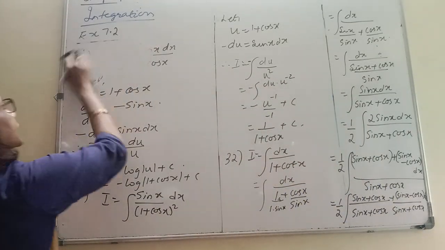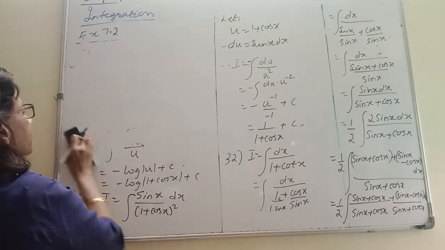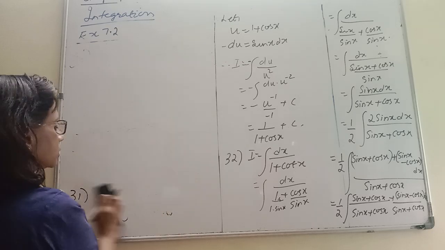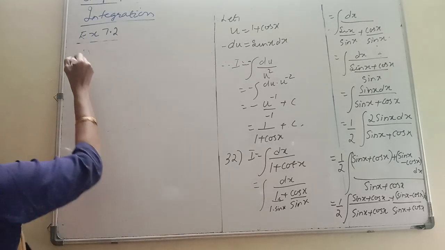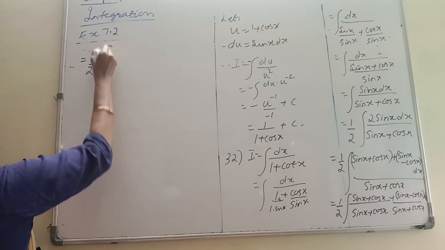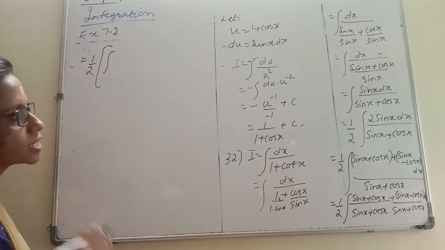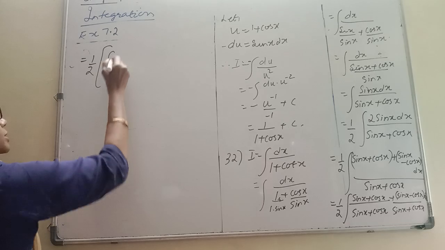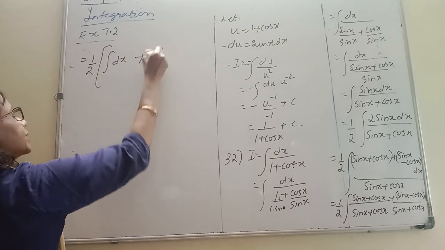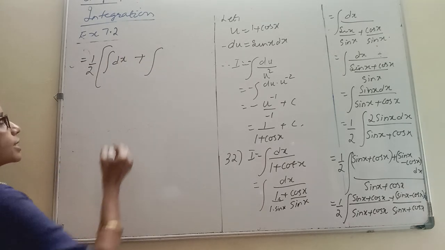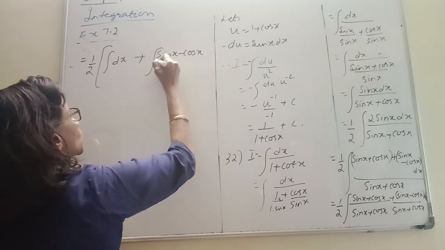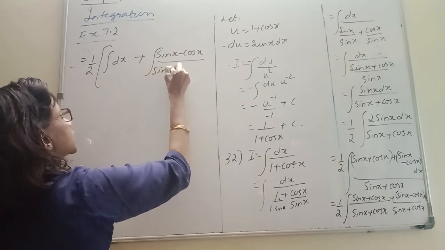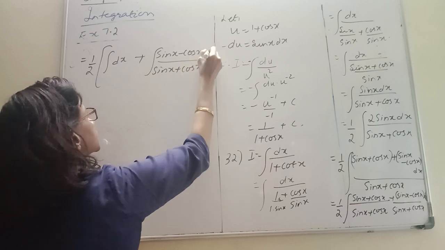So how are you going to get it simplified? Let's check that. So you're getting half times, first part of the integral is just dx because it is cancelling each other. And the next part, it is sin x minus cos x over sin x plus cos x dx.